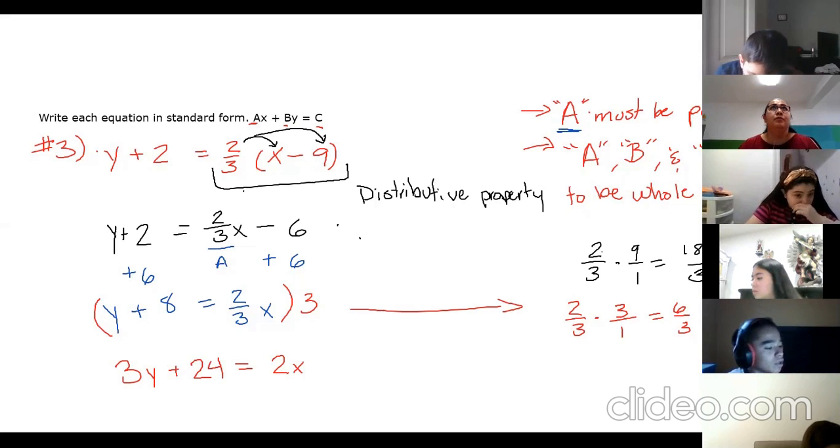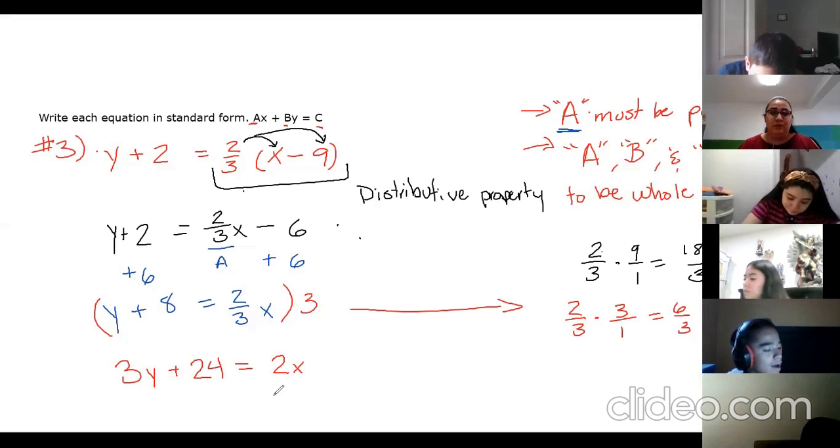Then I think they need to subtract in both sides the 3y. Exactly.